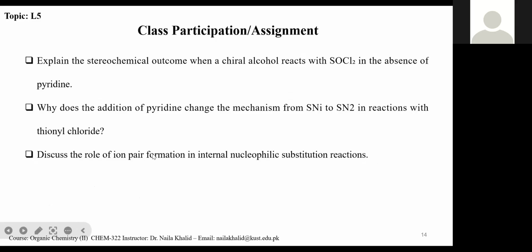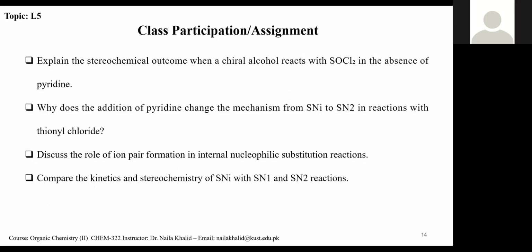Retention of configuration has been observed, and this is due to ion pair formation, which blocks the back side, so from the front side the internal nucleophile will attack. The last question is that you have to compare the kinetics, meaning rate of reaction, and stereochemistry of SNi with SN1 and SNi with SN2.